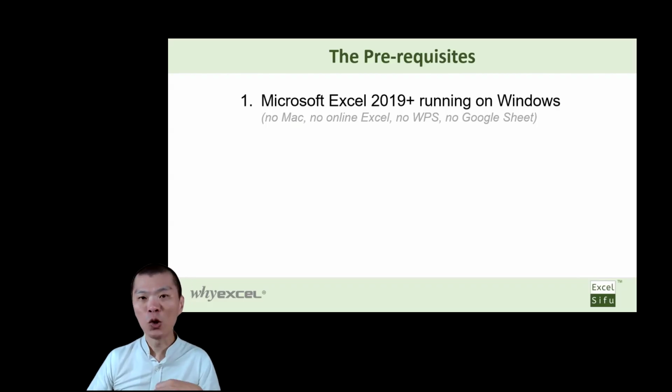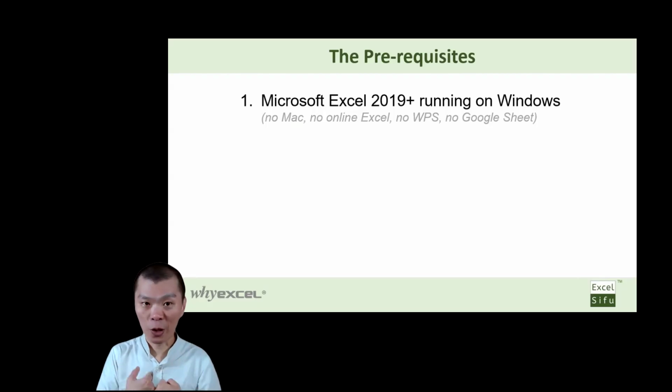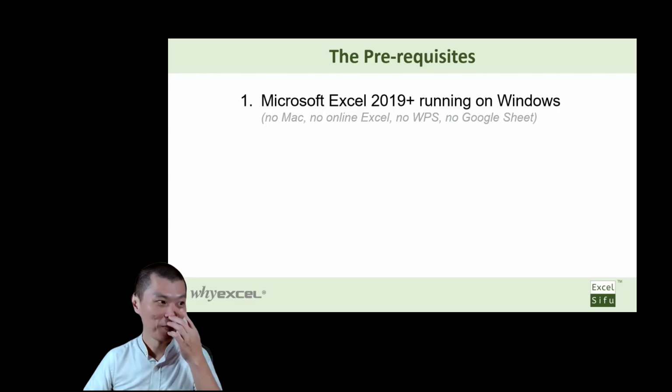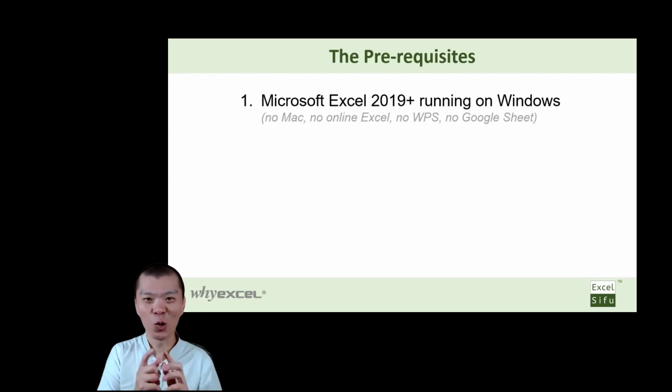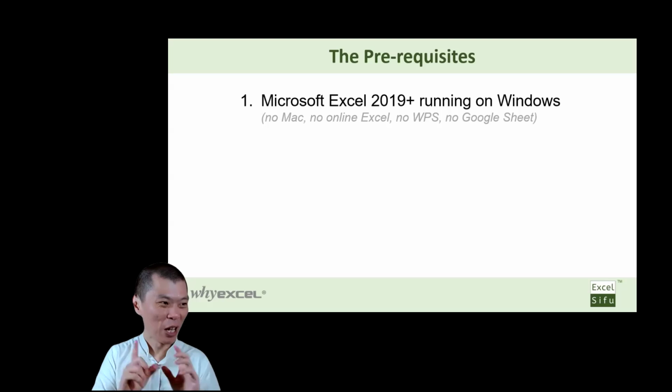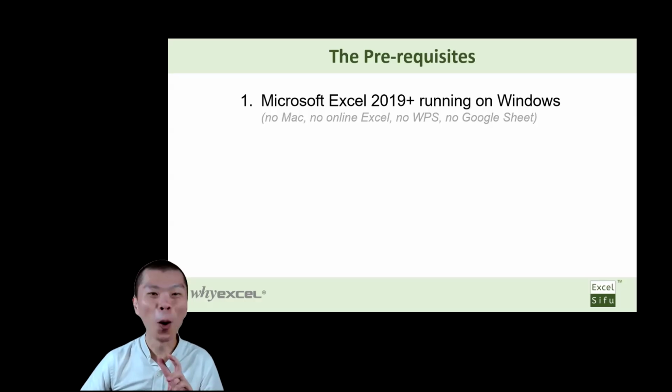So I will not be able to handle your questions if you're using Mac or online Excel. If you are able to find the answer yourself, very good. If not, you can just follow along. If a lot of people are using online Excel or Mac and want a special session on how to use them, let me know. If more than 100 people request it, I'll be able to arrange a special session for you all.